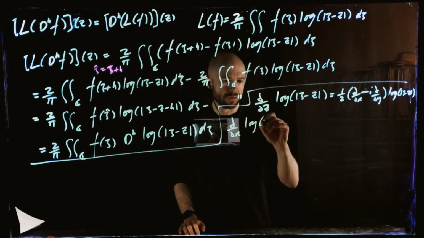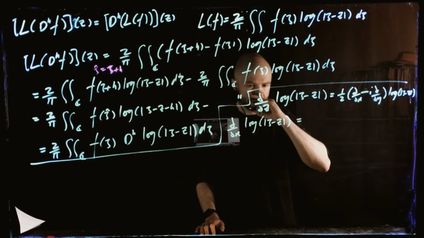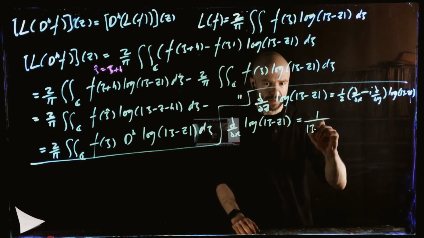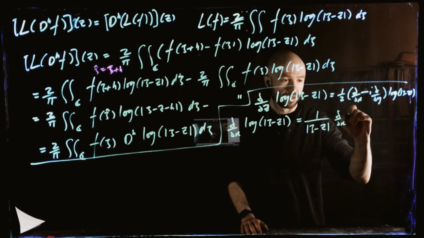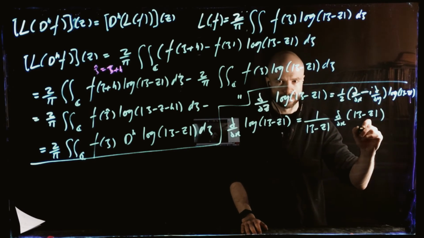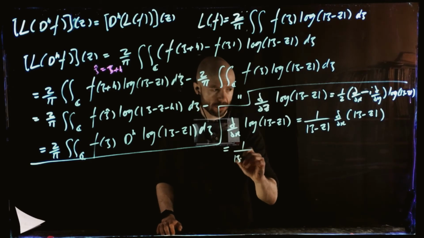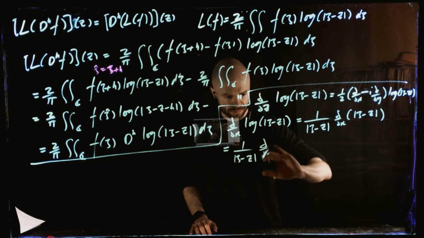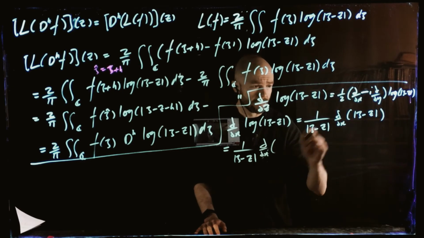And then let's see what happens if we take the partial with respect to x of log of the absolute value of zeta minus z, okay? Then it's just the chain rule, so it's going to be 1 over zeta minus z, and then we're taking the partial with respect to x of the absolute value of zeta minus z, like this, yeah? Let's write out in coordinates what this is.